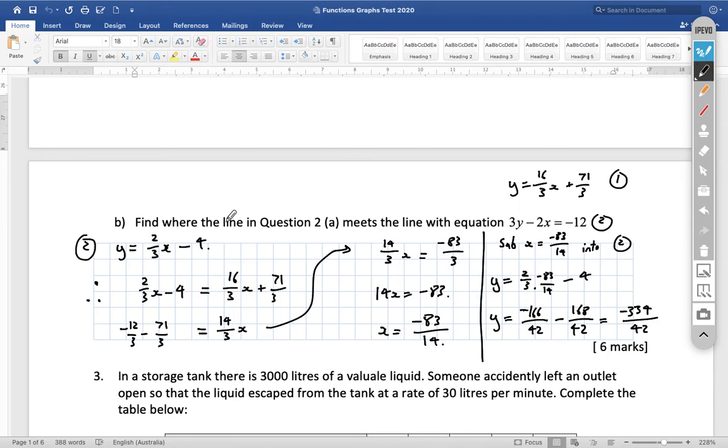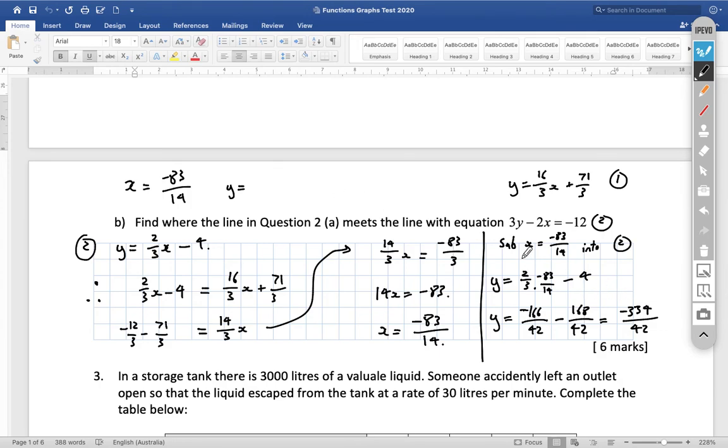I just want to write one more thing with this question. So our x value was minus 83 on 14. Our y value is coming out to be this fraction here simplified, so I halve it.